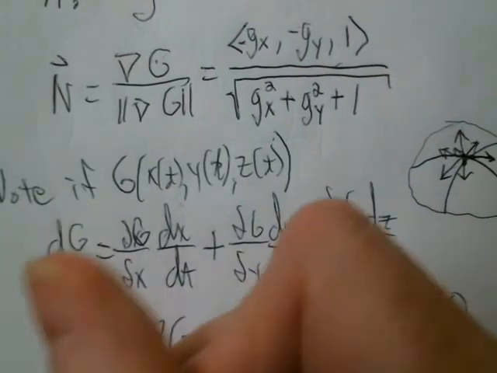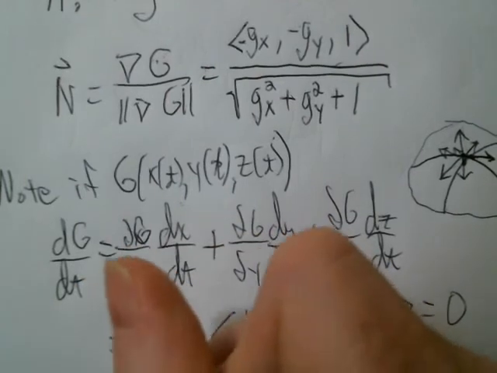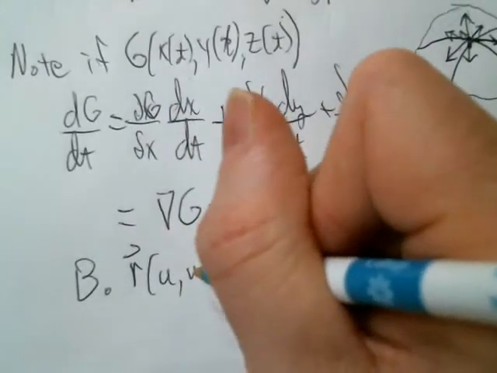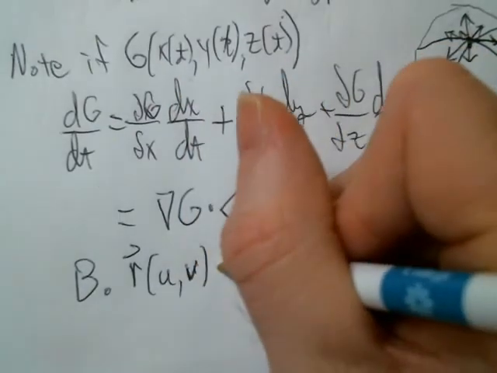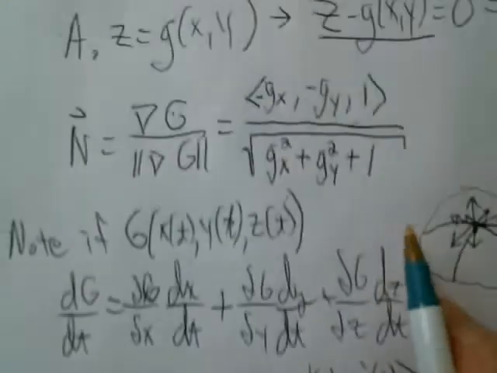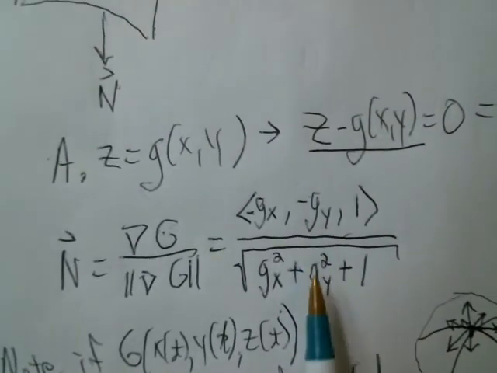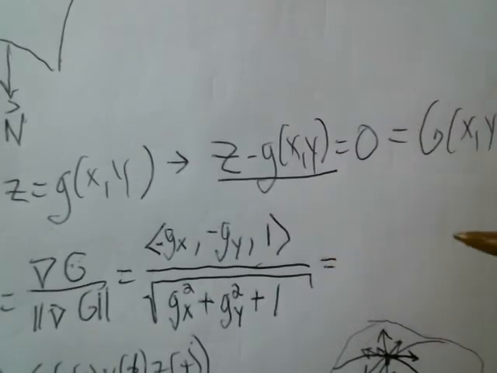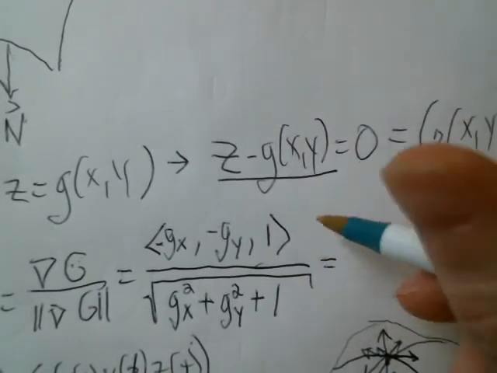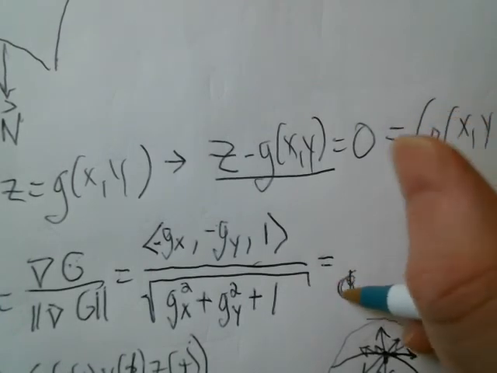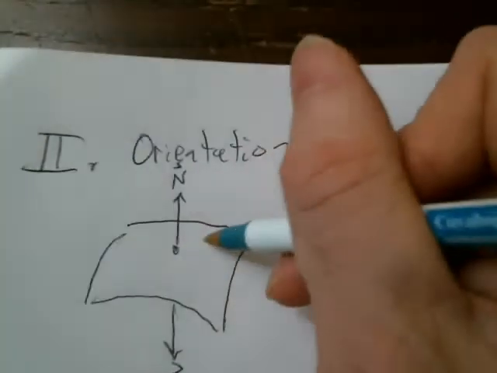The other version then, part B, where I have a vector valued version, r of u comma v, the normal vector is going to be quite a lot like this, right? So if we think of this sort of in reverse, the denominator is the magnitude of the cross product of these vectors that we would have on the surface, right?